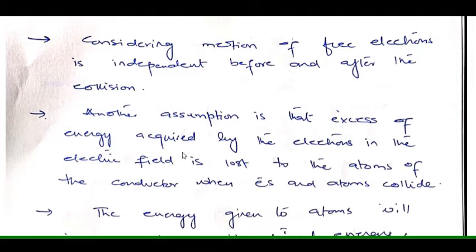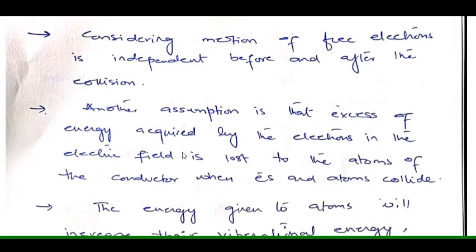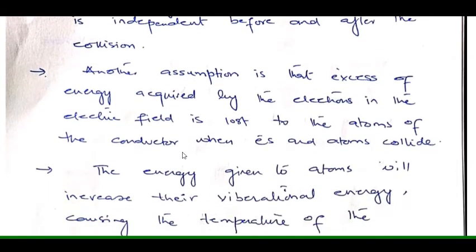When the electric field is applied, they will lose all that energy to the atoms, transferring it whenever they collide with them. So these are the two assumptions which we will make.